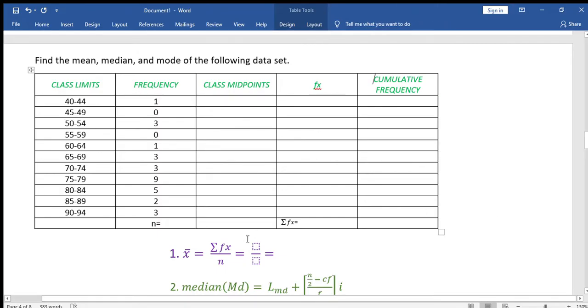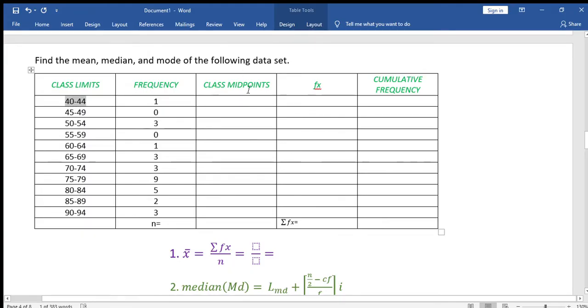First, we need to find the class midpoint. How do we find it? We use the class limits, as I mentioned earlier in preparing a frequency distribution table. To find the class midpoint, simply add the lower limit and the upper limit and divide by 2, or get the average of your class limits.